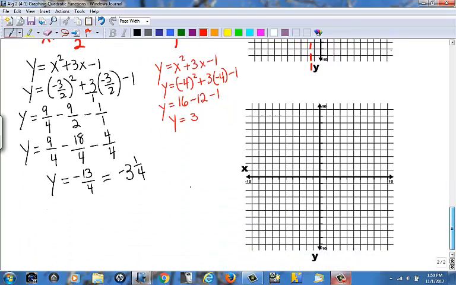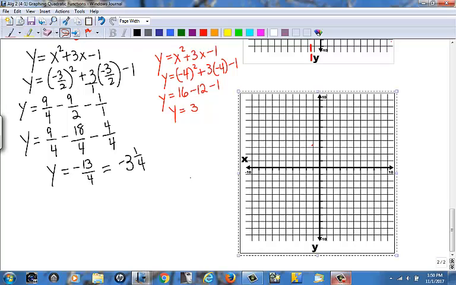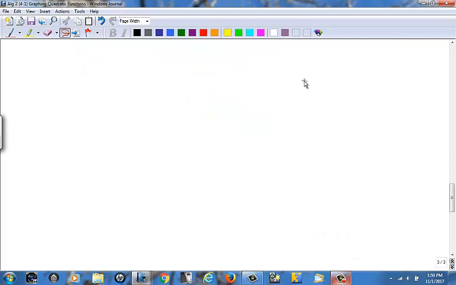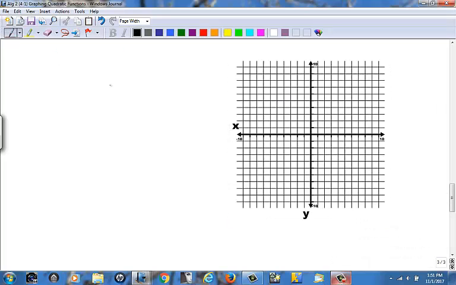Okay, last example. I need some more graphs. On this one, they're going to change the directions a little bit.